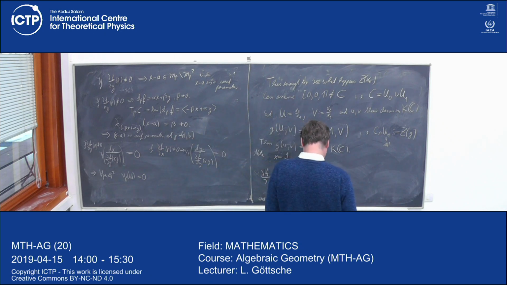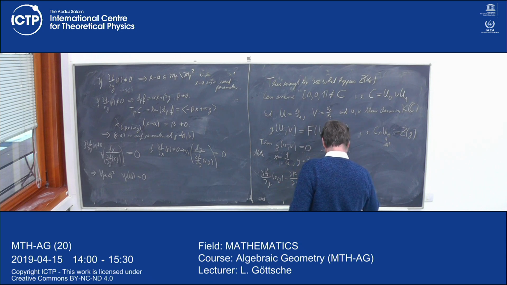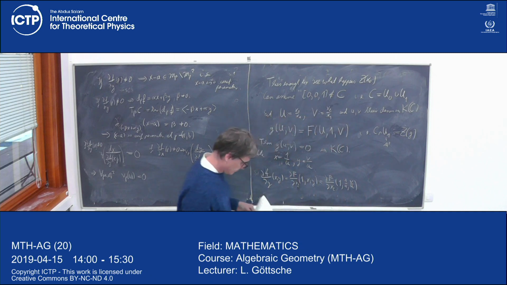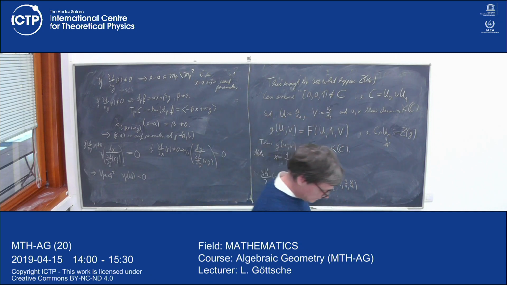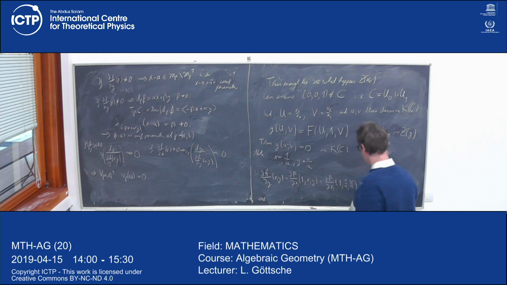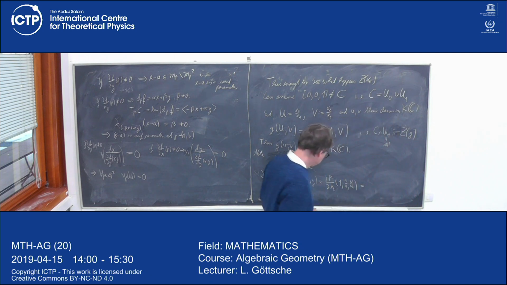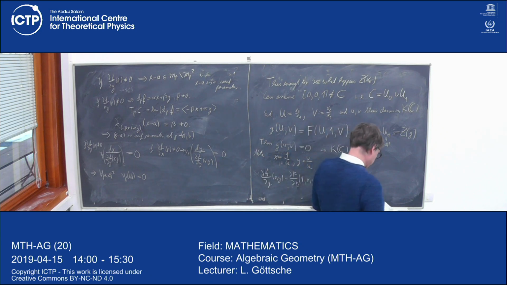This is df by the second coordinate, so here by the second coordinate of 1 over u, v divided by u. And we can obviously compute this. First we just pull this out.